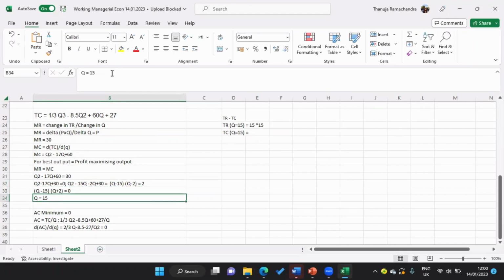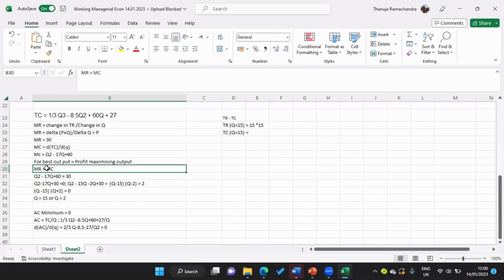Okay, Q equal 15. Obviously, in that case, we can still exclude 2 because 15 is the higher level of output. So we can avoid 2. The best output is 15 because we have to satisfy MR equal to MC.